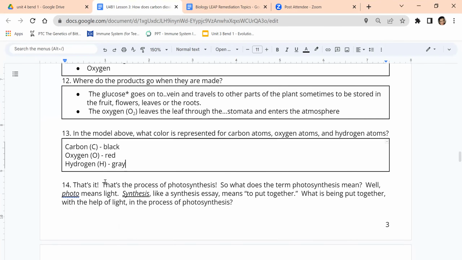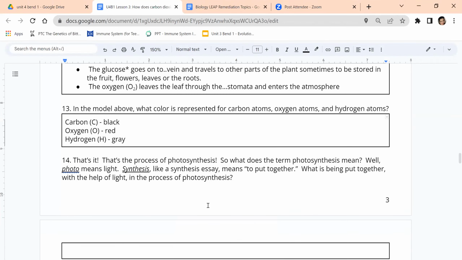Pretty simple. So let's think about what that word means. So photo means light, and synthesis, like a synthesis essay, means to put together. So photosynthesis means to use light to put things together. So what is being put together with the help of light in the process of photosynthesis?